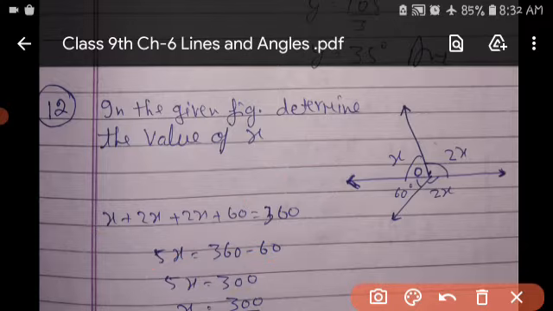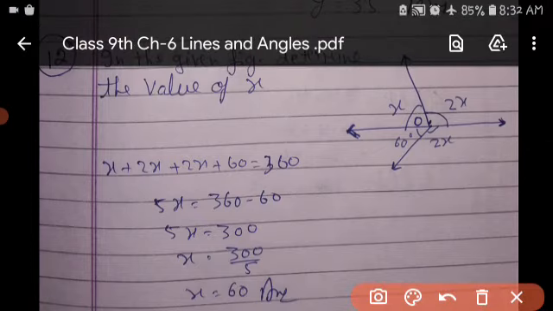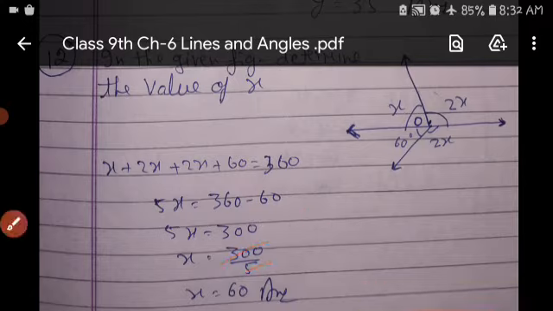Now x is equal to 300 upon 5. The value of x is equal to 60 degrees. That is the answer.